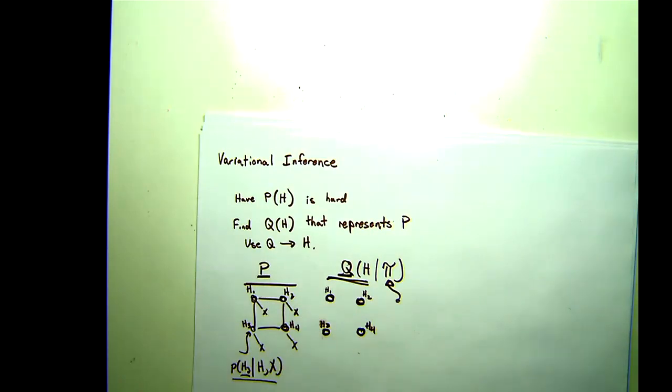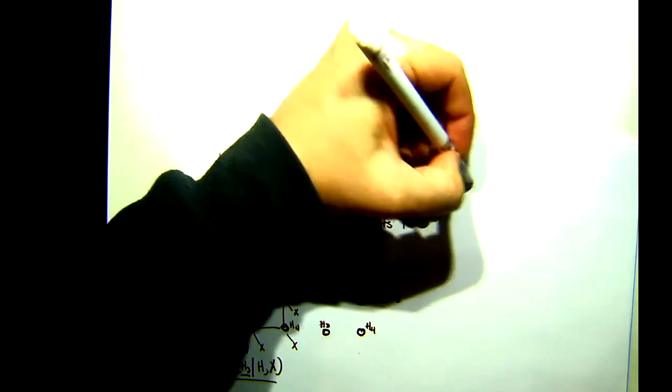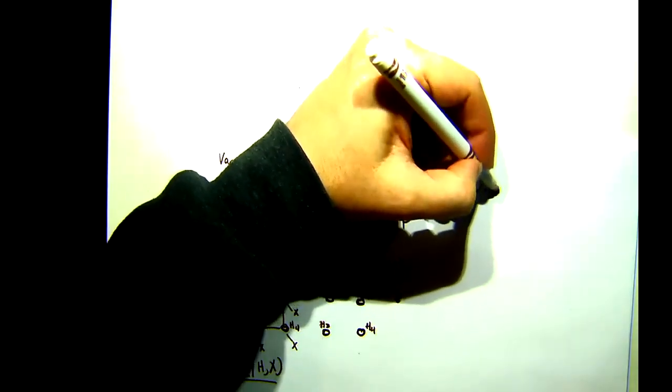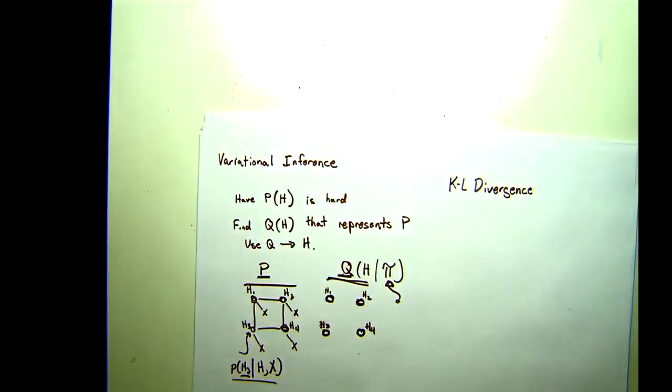And so this begs the question, we're going to make these two distributions close, so how do we do that? We use a metric called KL divergence. KL divergence is a concept that basically measures the distance between two probability distributions.